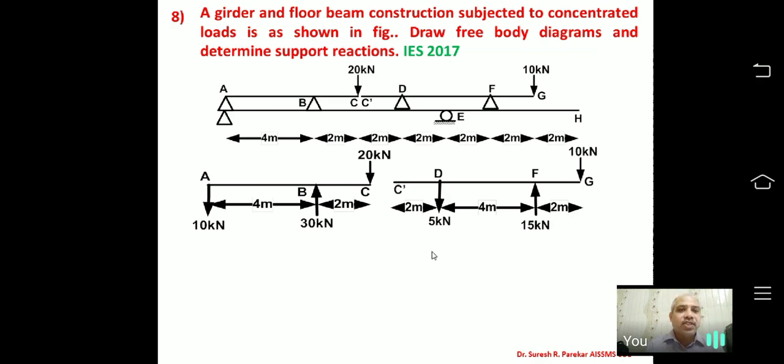Now whichever reaction is downward, that will act upward on the floor girder, that is AEH. On this, whatever reaction is downward will act as upward, whatever is upward will act as downward, because when we remove support A we have downward.